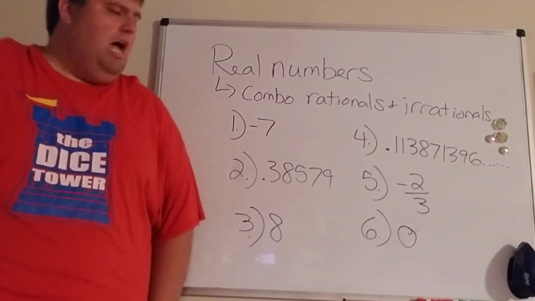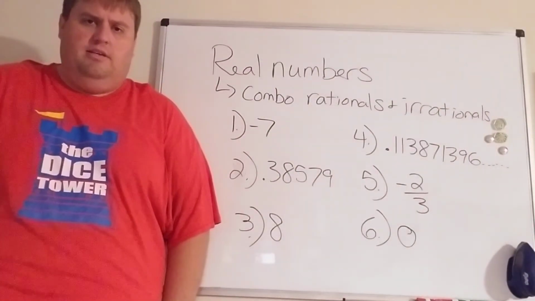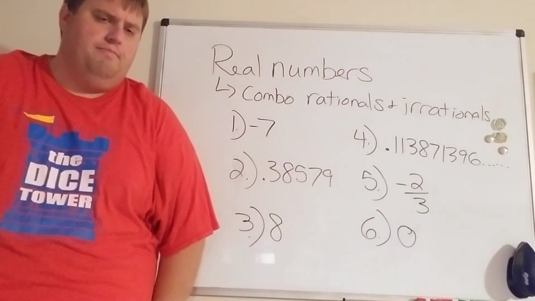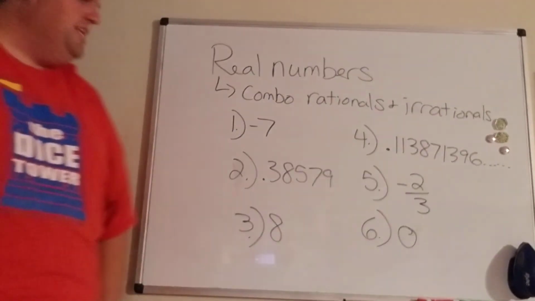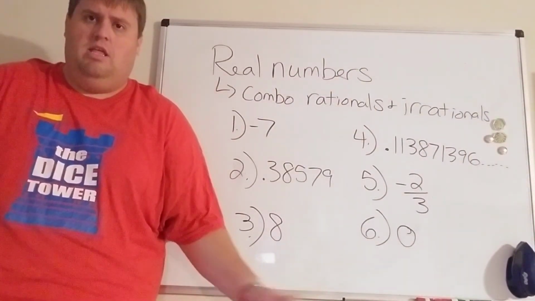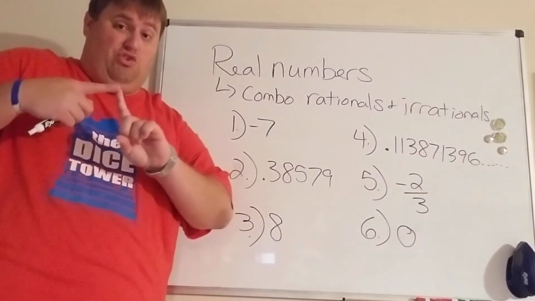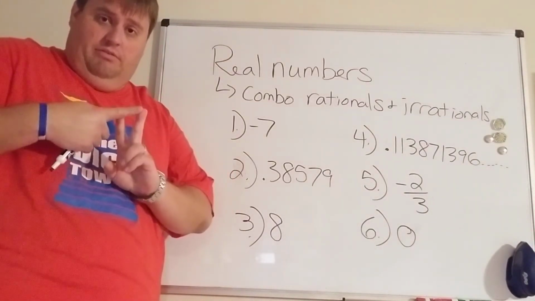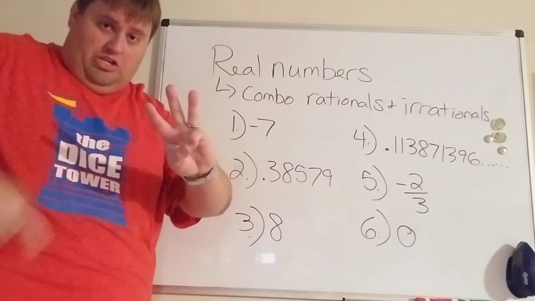I want you to take those 6 and tell me each group that it belongs in. So if I said, for example, the number 11, 11 is a natural number, so I would type natural. It is a whole number. It is an integer.